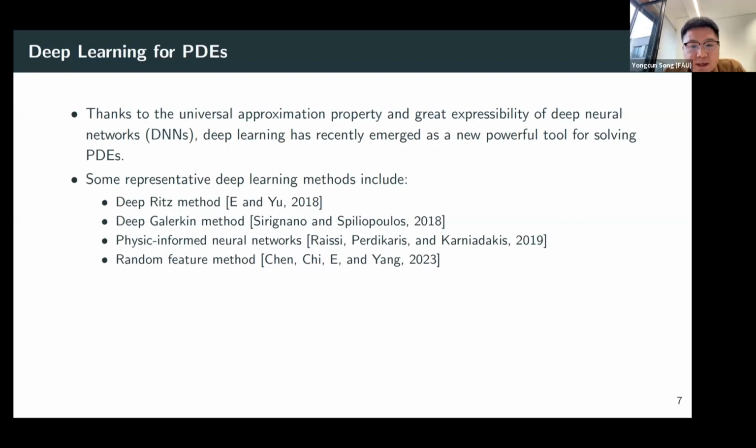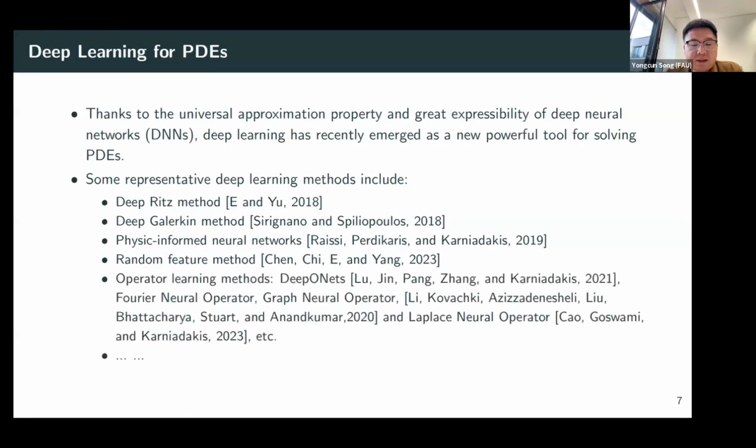Okay, there's a typo, sorry. This kind of method approximates the unknown functions in a PDE by neural networks, and then trains the neural network. After training, we can get an approximate solution of the PDE. And of course, there is another type of deep learning methods. It's called operator learning methods. These operator learning methods approximate the solution operator of a PDE.